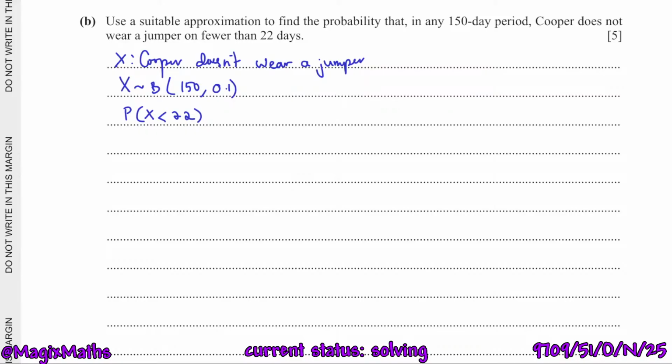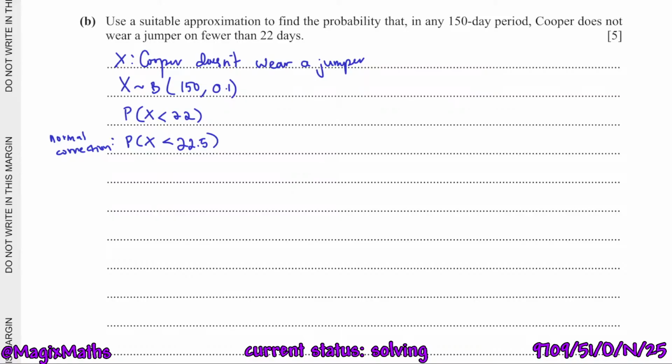I think I forgot what it's called, but it should be P(X less than 22.5). I think it might be called a normal correction, or maybe an approximation correction, but yeah, we'll correct that if we got that wrong.